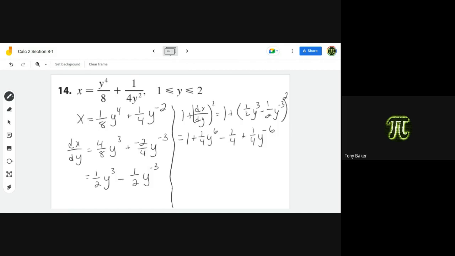Oh, it's not 1/4, and that's 1/2 in the middle. Where's that one at? The middle term when you FOIL. You end up getting 1/4 and 1/4, which is why.